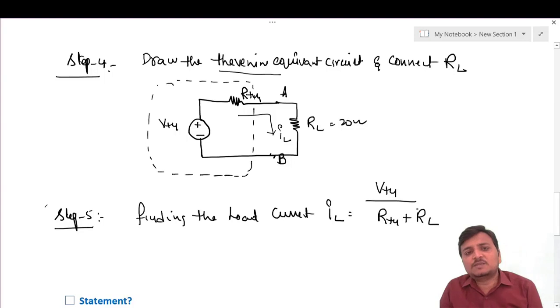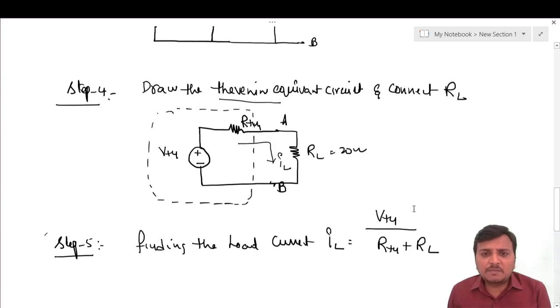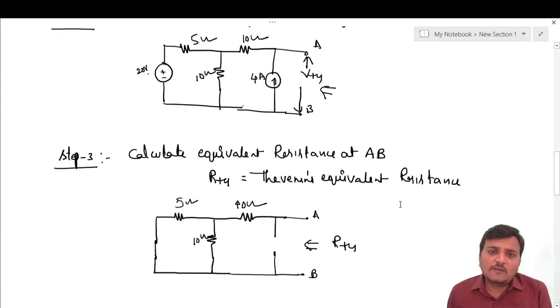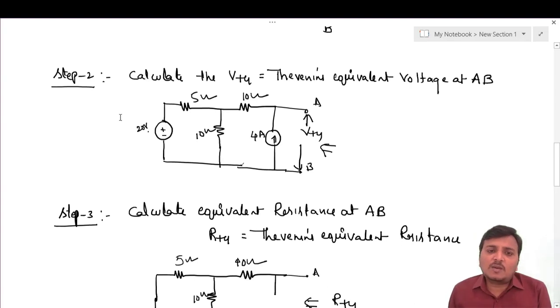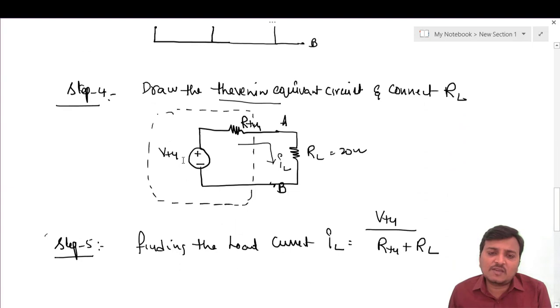A simple KVL expression gives the load current IL equal to VTH divided by RTH plus RL. So rather than simplifying your complex circuit, if you apply Thevenin's theorem, your complex circuit is replaced with a simplified circuit like this, the Thevenin's equivalent circuit, having one voltage source and one resistance connected in series, and I can easily find the load current IL.